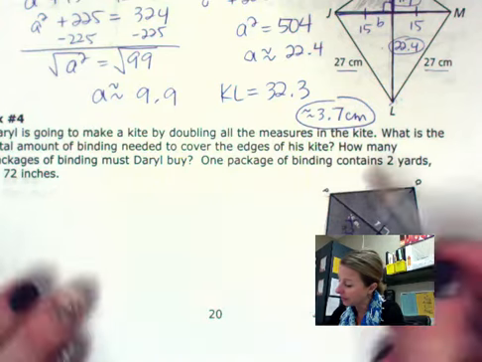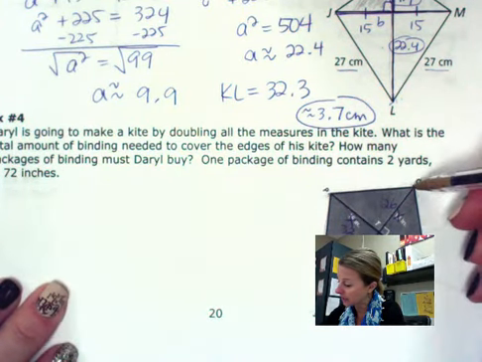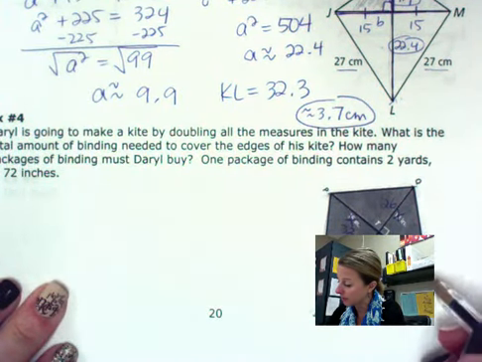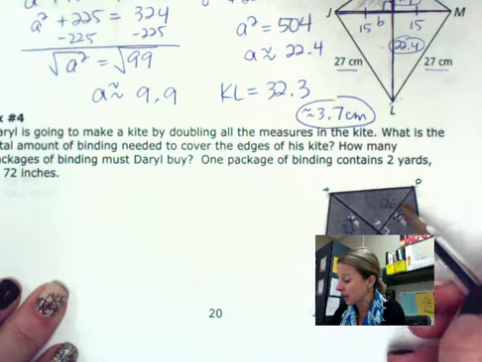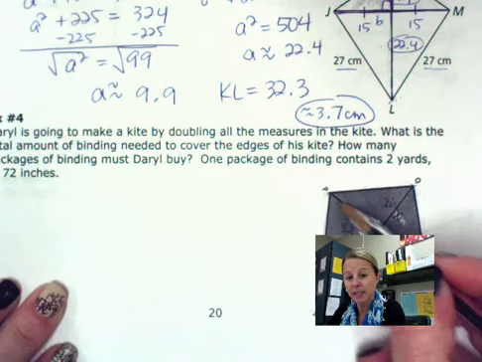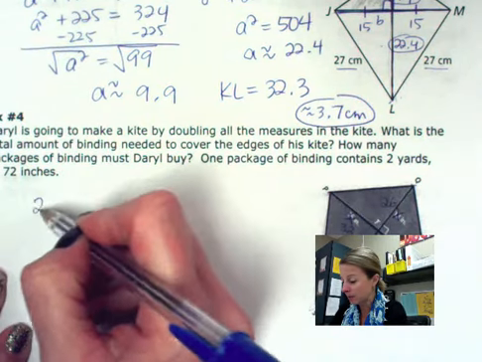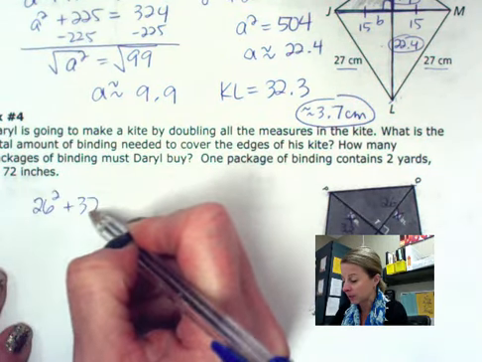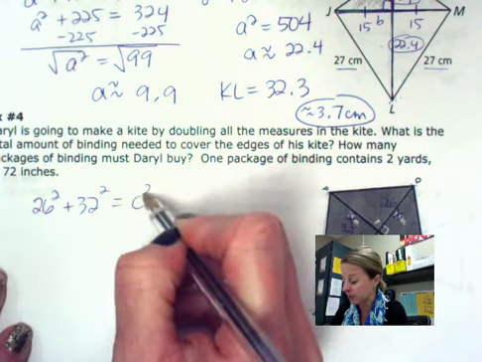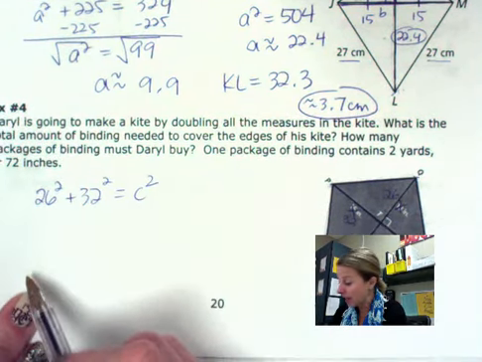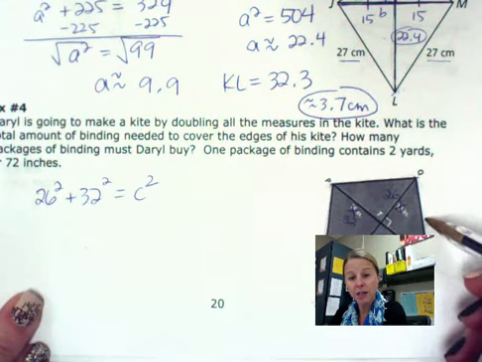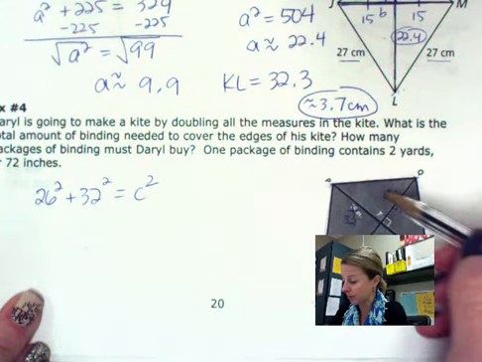And then if I need to calculate my outsides, I'm doing Pythagorean theorem again. So in order to get PQ, I need to work with 26 and 32. So I'm going to be doing 26 squared plus 32 squared equals C squared. And then I'm going to run through that and get a value. And that is going to be equivalent to the other side because these two triangles are congruent.